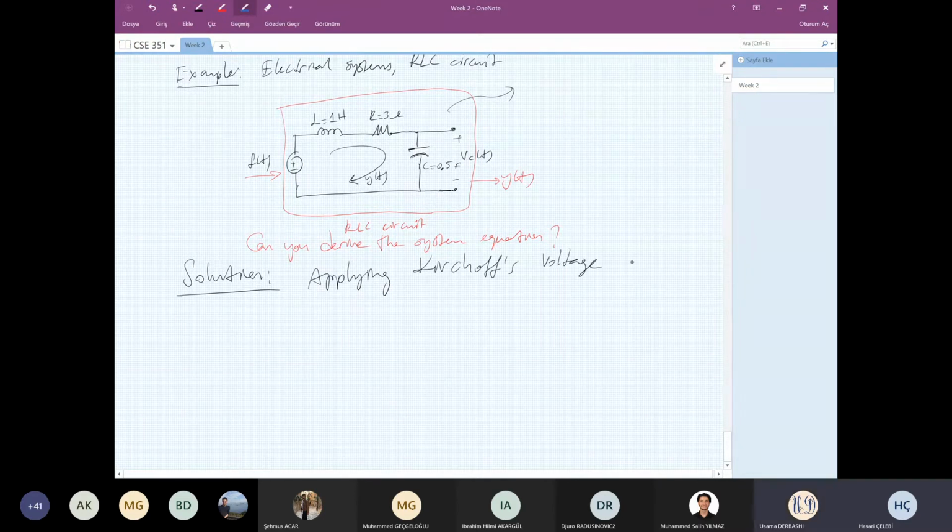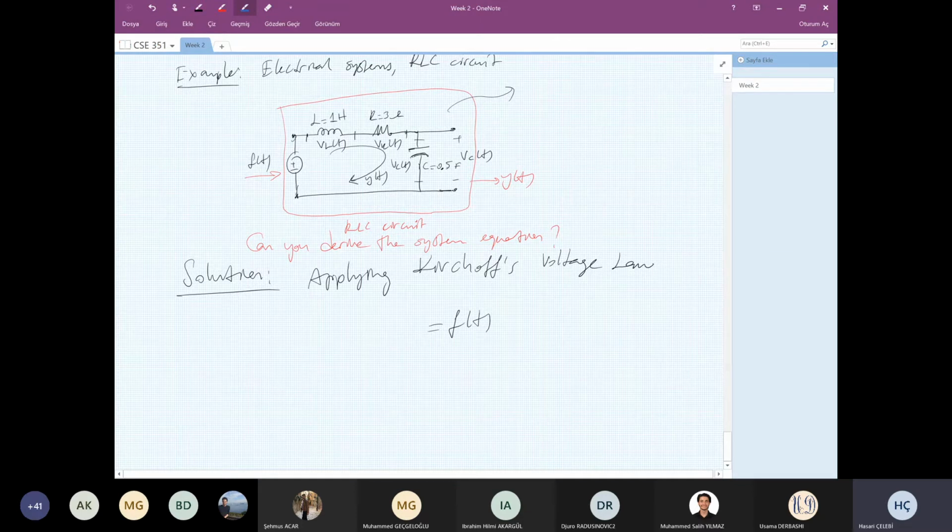The one that says any two points on the right side and the left side have the same voltage. So the total voltage is f of t. And this f of t is equal to the voltage VL of t, plus the voltage VR of t, plus the voltage VC of t.